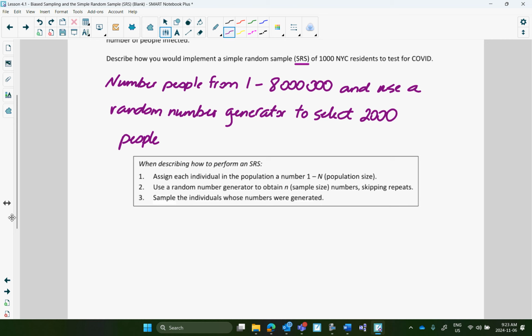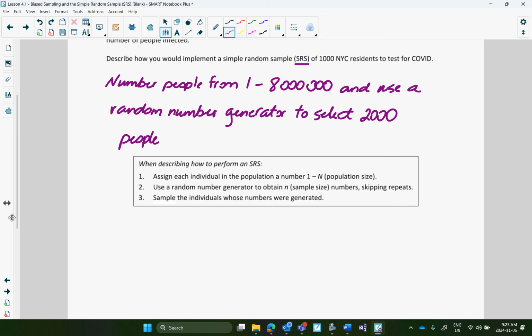As long as that, it would be very similar to this. This is not the only way. Like I said, if I wanted to sample 4 of you in this class, I would take my class list and cut it up into 20 names and put them in a hat. Or I could take the list, number it alphabetically 1, 2, 3, 4, all the way to 20, and use a random number generator.